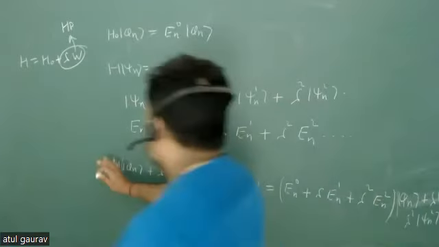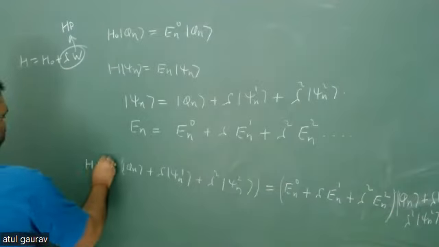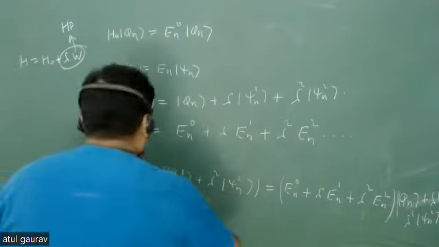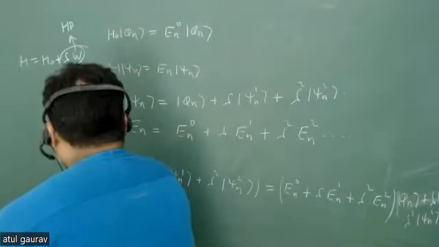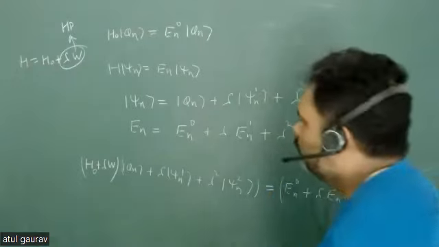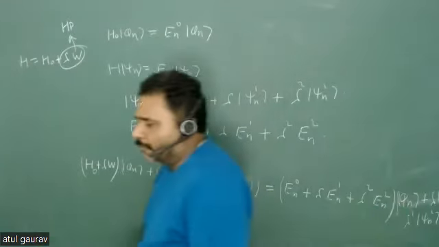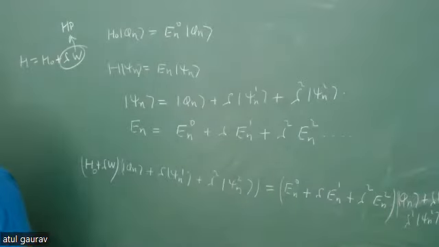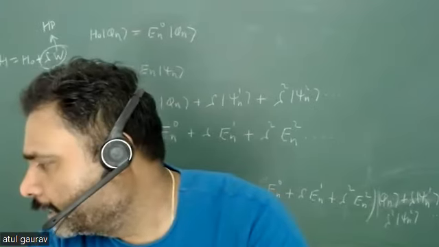And here we will write H is equal to H naught plus lambda W. Now what we will do, we will just equate the coefficient of lambda on both sides.